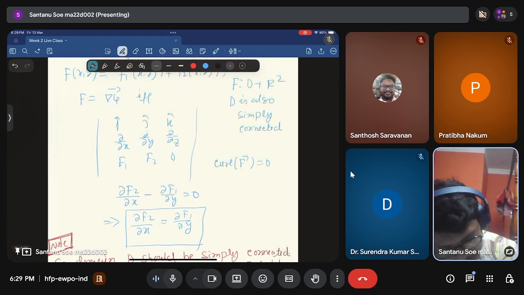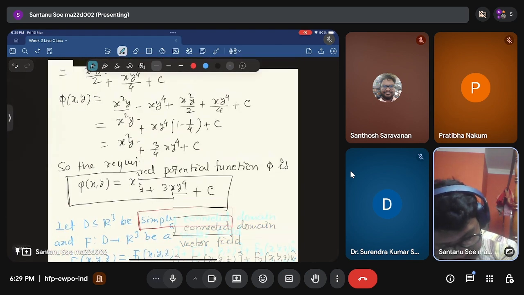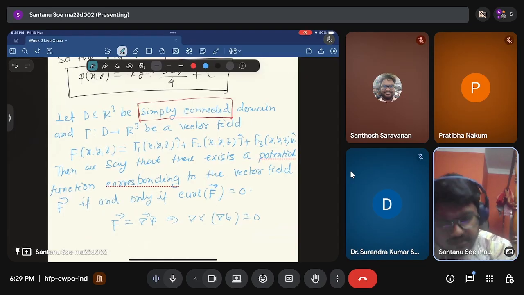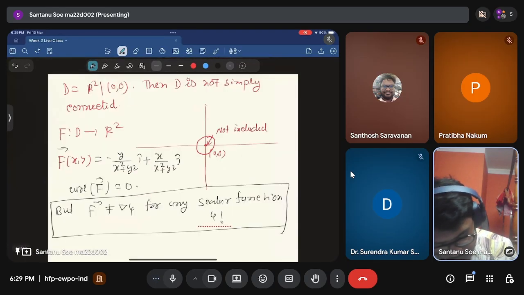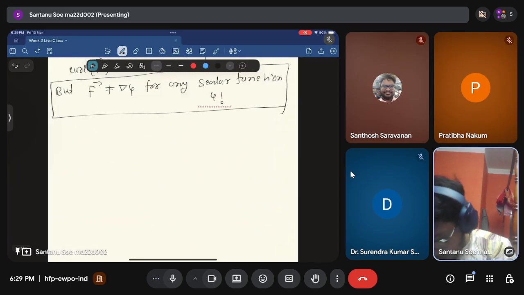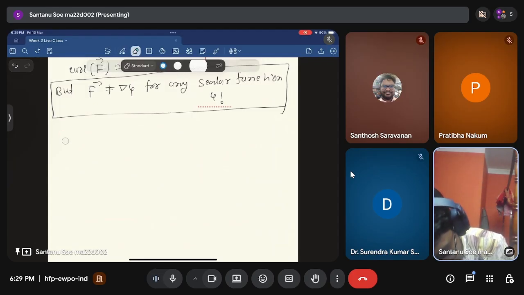So just remember the domain should be simply connected. Then the vector field has a potential function if and only if the curl is 0. Okay. So I hope this is clear. So now we're going to solve some questions and we'll see how to apply this type of theorem. Okay. So first let us take this example.